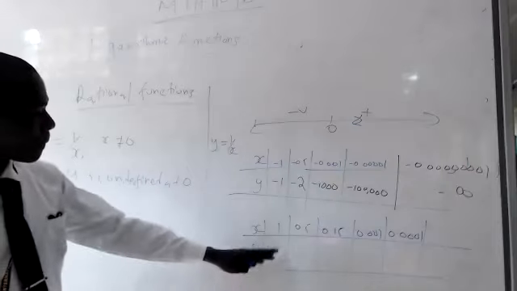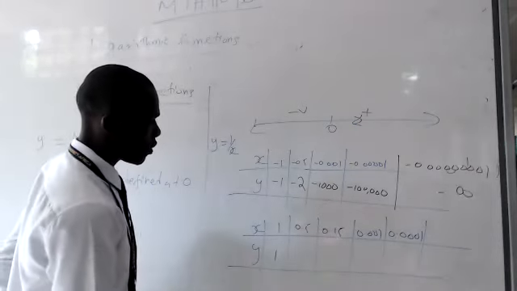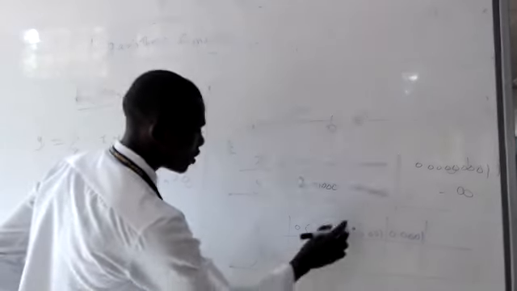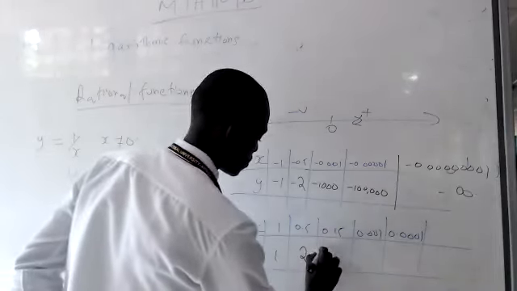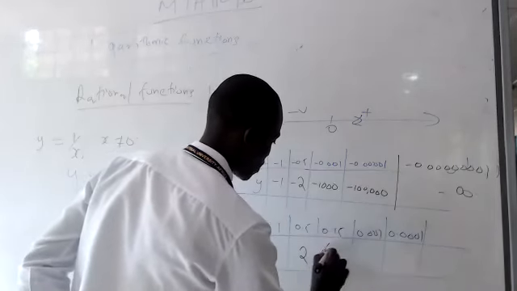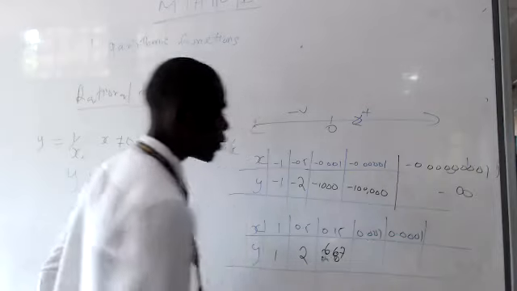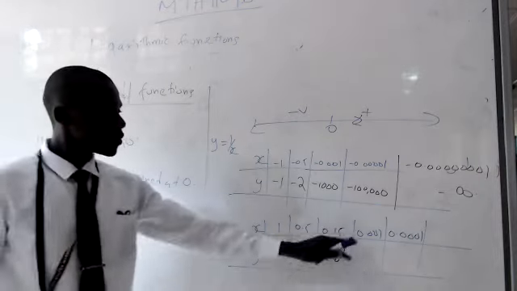How about here, from the positive side? 1 is exactly 1, 0.5 would be 2. How about 0.15? 6.67. Okay, 0.001? 1,000.